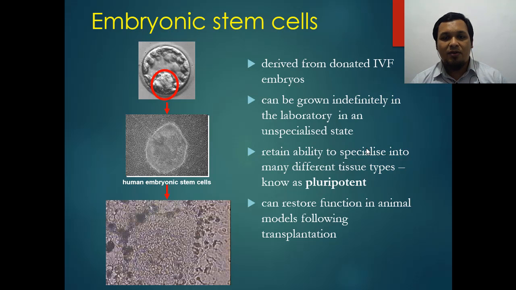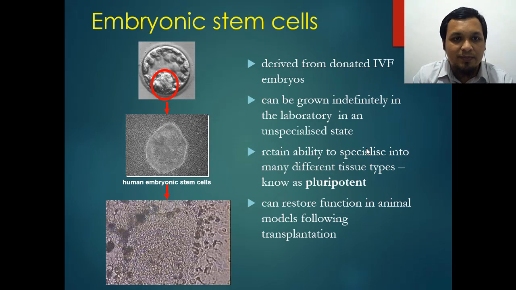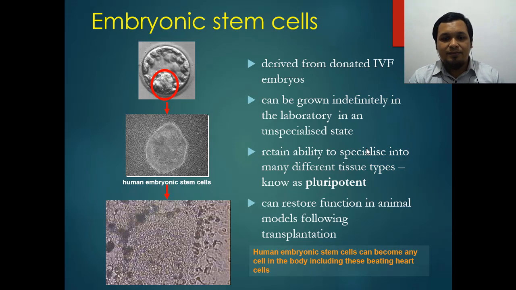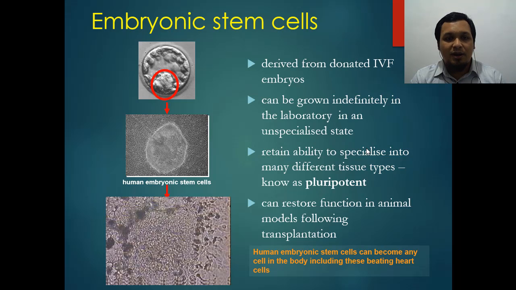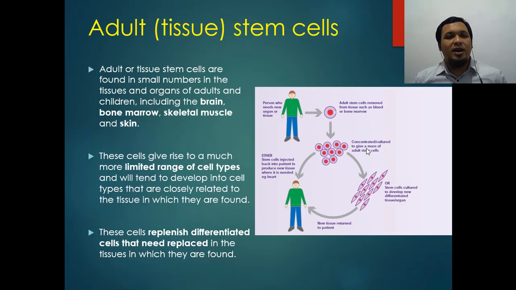The ability of pluripotent is useful, for example, in restoring function in organ transplantation. And again, like I told you before, because embryonic stem cell is pluripotent, it can be anything in the body.